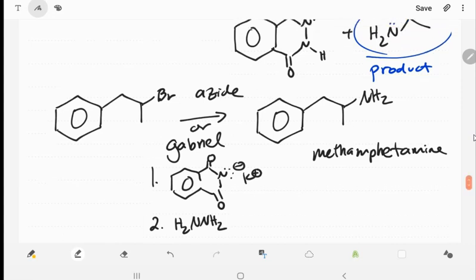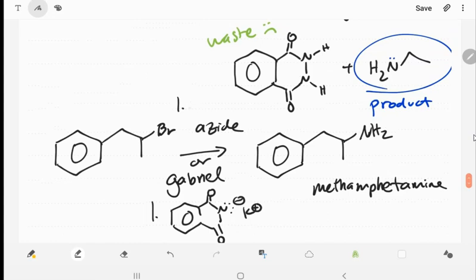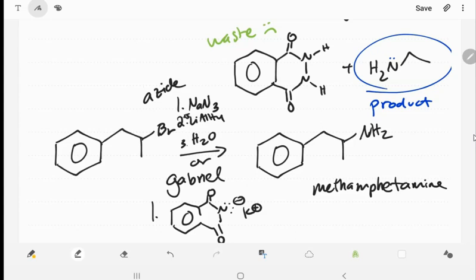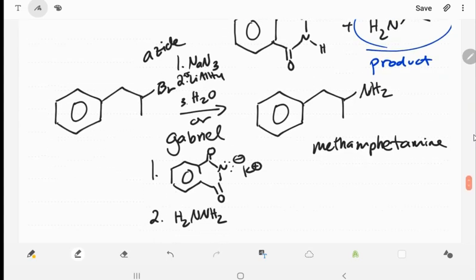And there you have it, the azide synthesis. This is the azide synthesis here, with excess aluminum hydride. Or you can use Gabriel, use your potassium phthalimide and hydrazine, and poof, now you've made your methamphetamine.